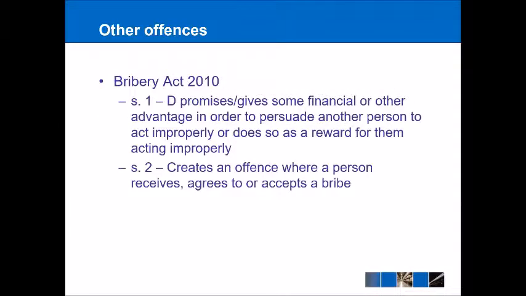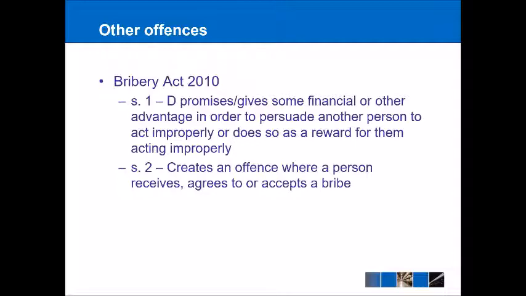More recently than the Fraud Act, we had the Bribery Act 2010, and there's two key sections. Basically, section 1 is all to do with a person, the defendant, giving someone a bribe, and section 2 is also to do with the defendant receiving a bribe. So both ends of the bribe, the giving and the taking of bribes, are caught within the Bribery Act 2010.